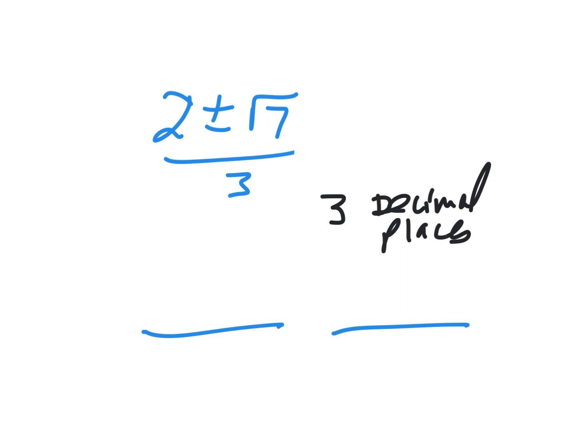Imagine a kid who typed in 2 plus, and then for, here, what is the square root of 7? 2.6457. If you're concerned about what to round to, you shouldn't round anyway until the very end.